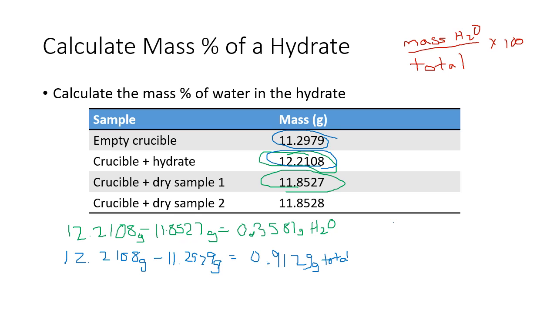Okay, so in the end we put our 0.3581 grams of water over 0.9129 grams total, times 100.